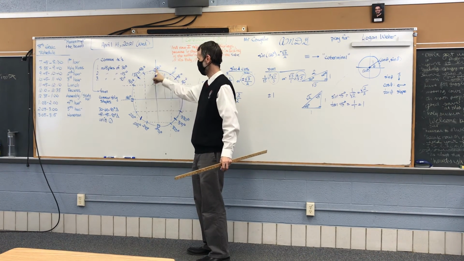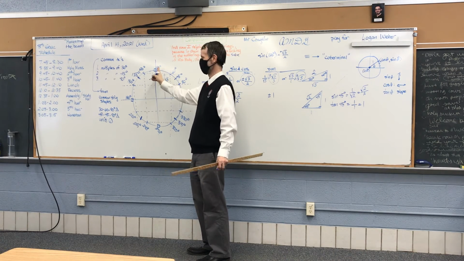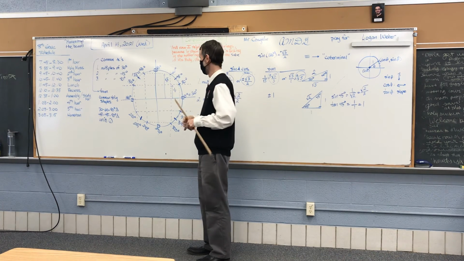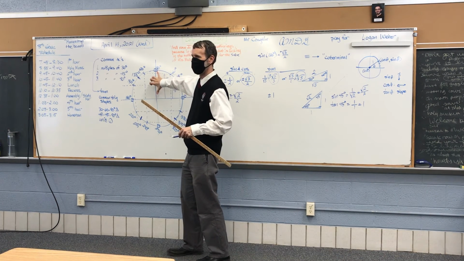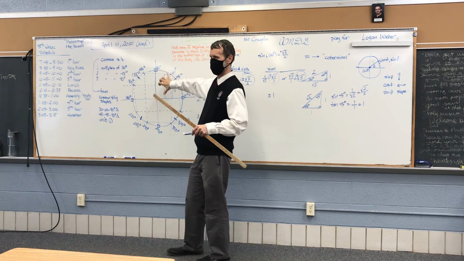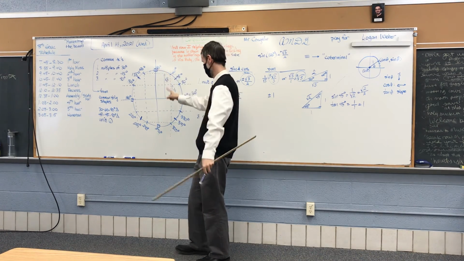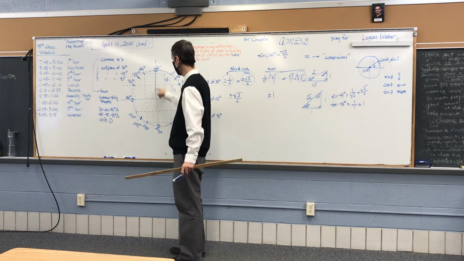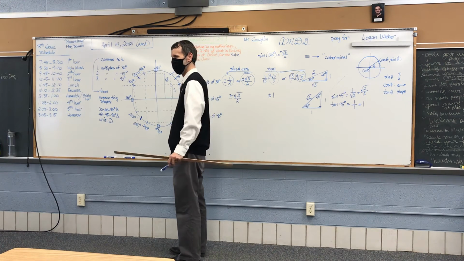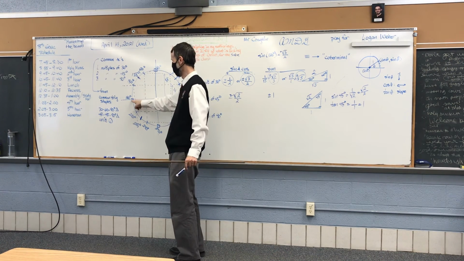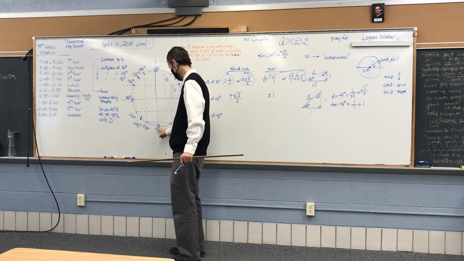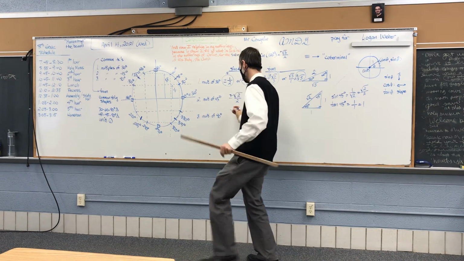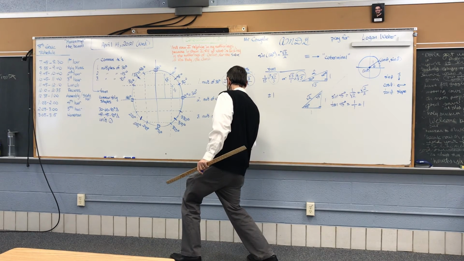If it's a unit circle, how big is the radius? A unit circle, uni means 1. So the radius is 1. How far up is it then? 1. What's the height here? Negative 1. What's the height here? 0. There are only 3 options: negative 1, 0, or 1.